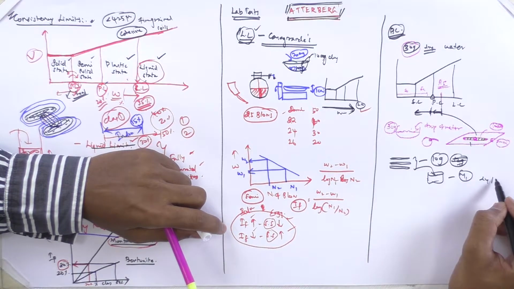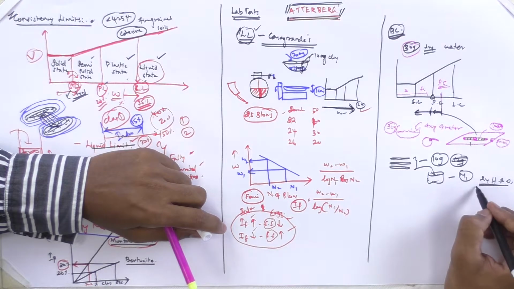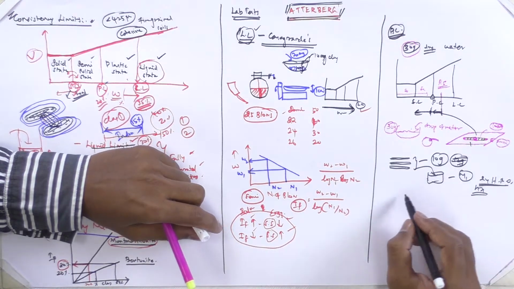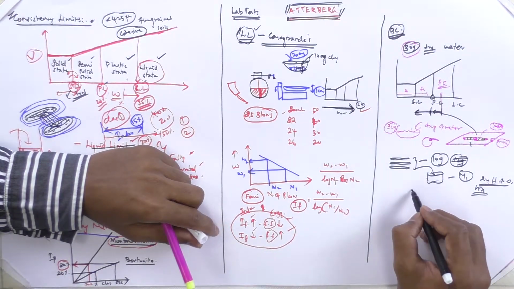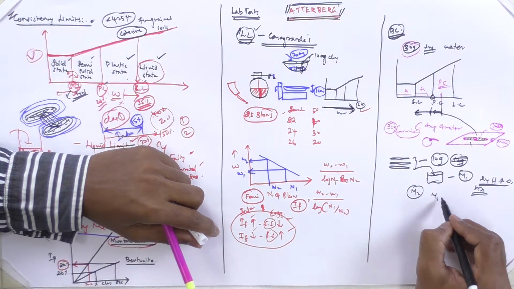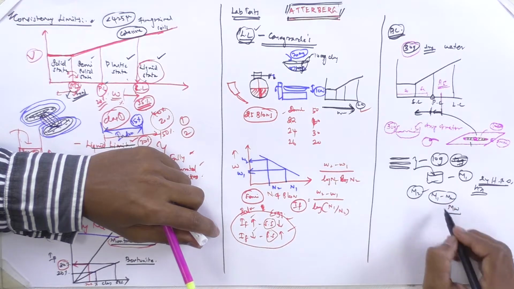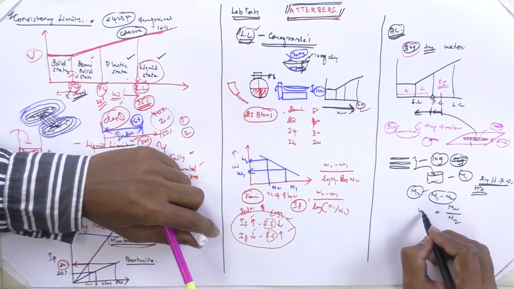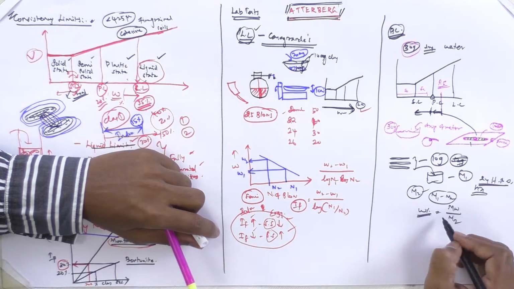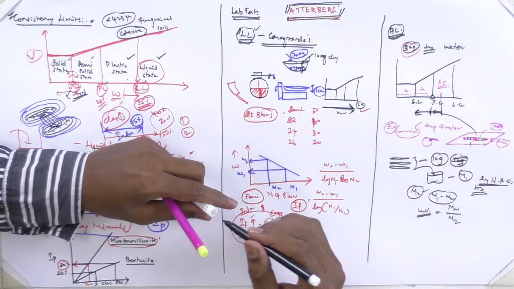After 24 hours in a hot air oven, you get the dry mass m2. So m1 minus m2, that is the mass of water, divided by m2, the dry sample, gives the moisture content, that is nothing but the plastic limit.